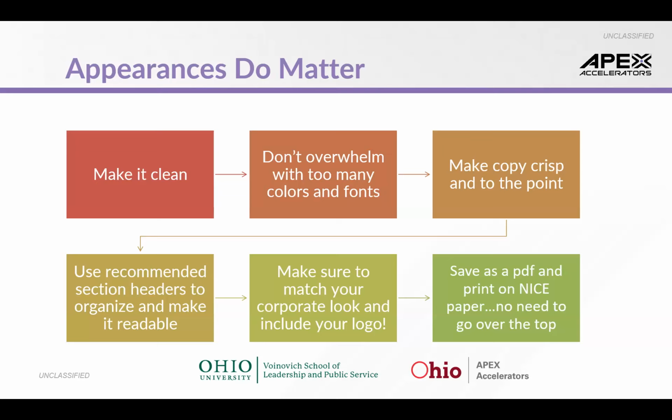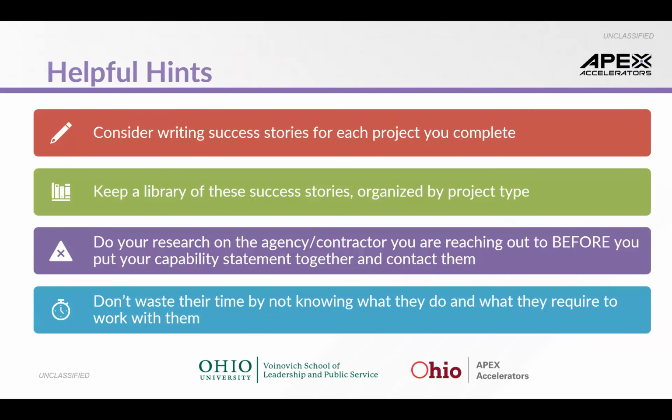Another little hint I want to talk about is when you're trying to come up with your past performance section. Instead of recreating the wheel, this is something I've done in the past. Every time I successfully completed a project, I wrote what I call a success story, where I talked about what I did and how it helped the client, and I kept it in a library.